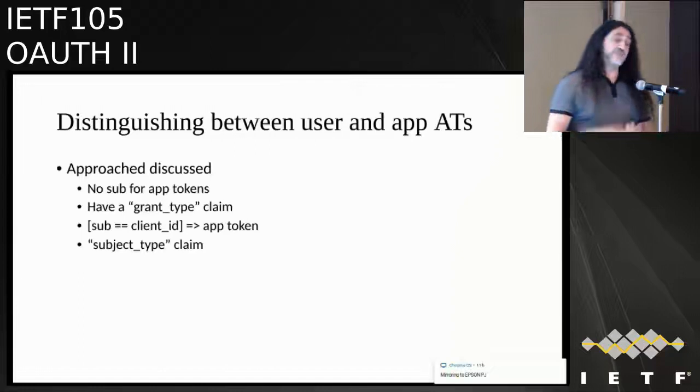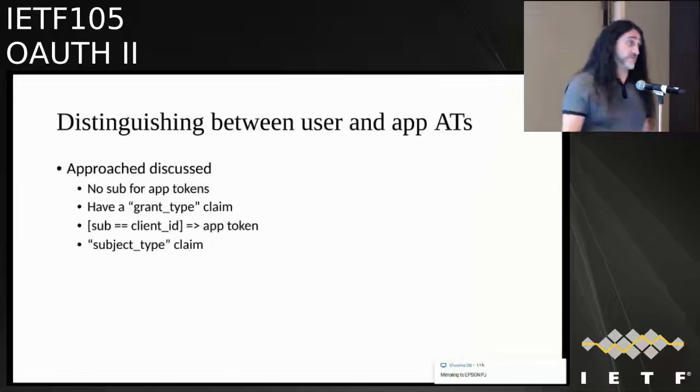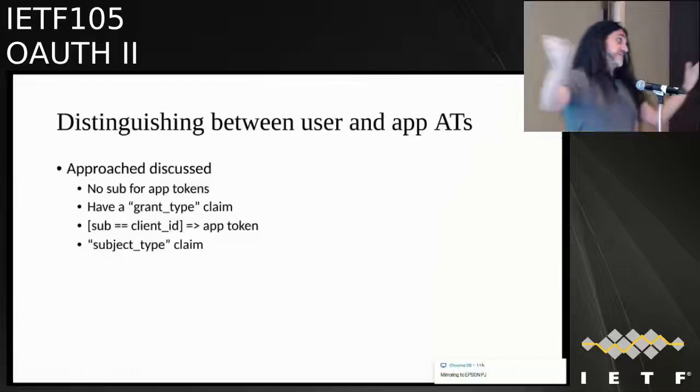And then finally, there was another proposal that we didn't really vote on, which was let's just have a new claim that states the nature of the subject, as in the sub represents a resource owner or the sub represents an application. So here, basically, I'm asking you guys, do you have any idea for solving this?